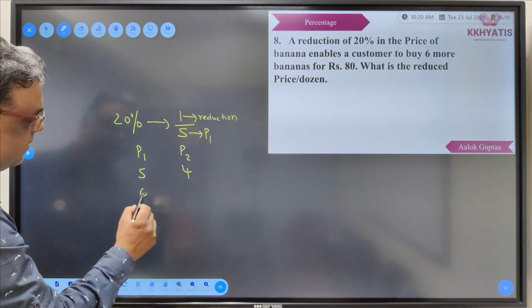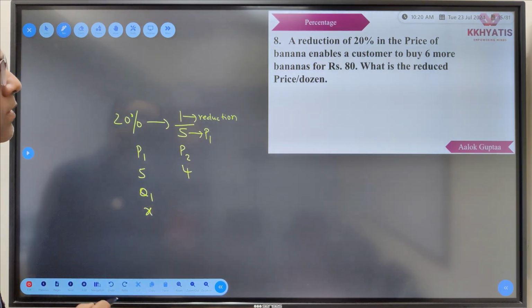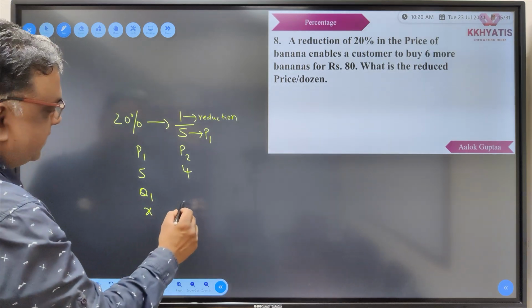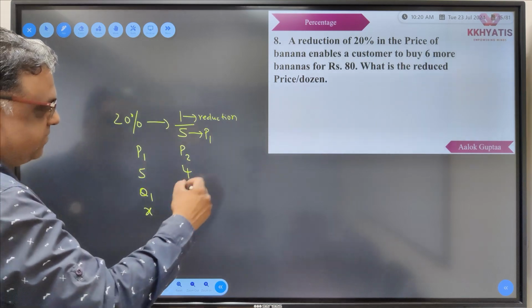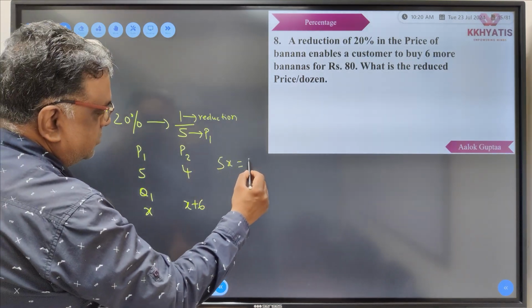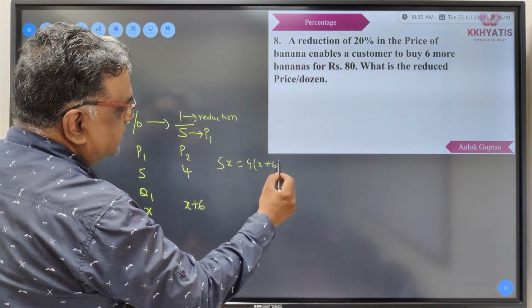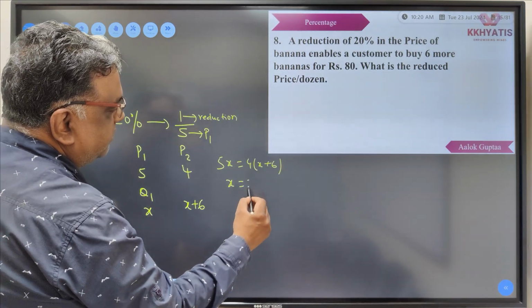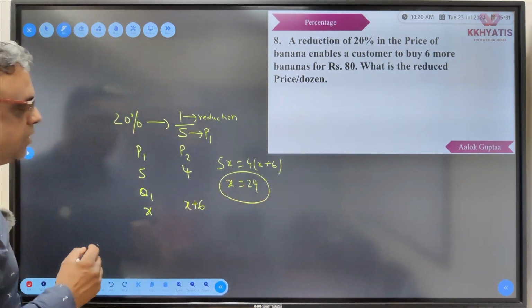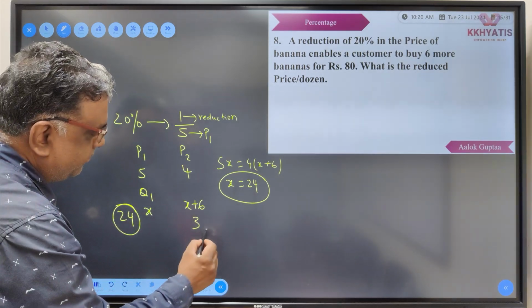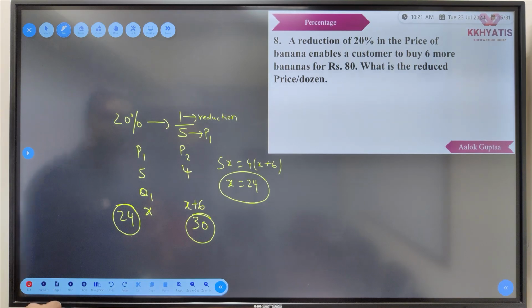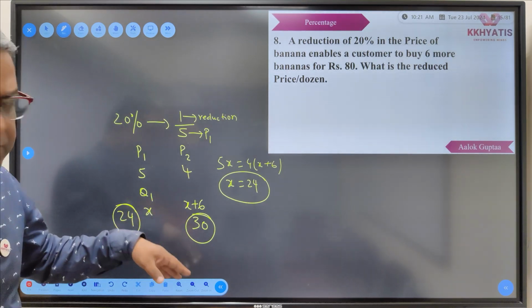And suppose he was buying earlier X quantity. Now he is able to buy X plus 6. Correct? But his expense remains the same, which means 5X equals 4 into X plus 6. So X will become 24. Correct or no? So earlier he was able to buy 24. Now he is able to buy 30. Now I've been asked the reduced price.